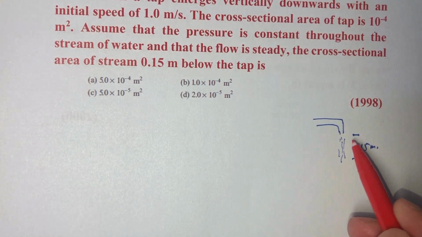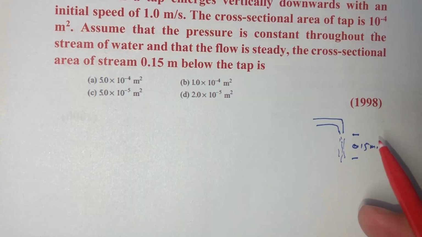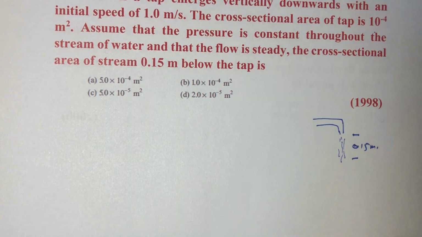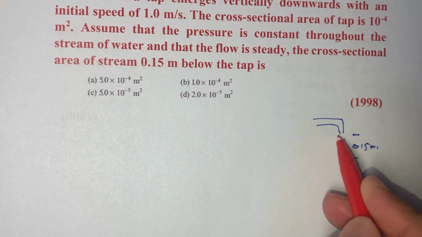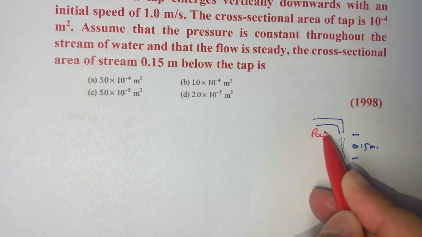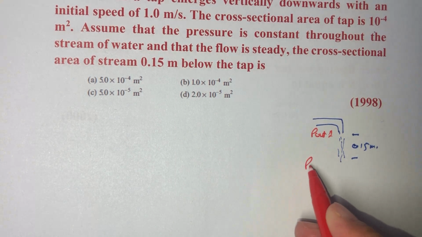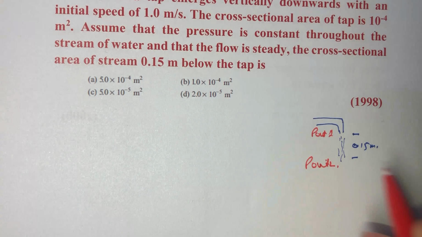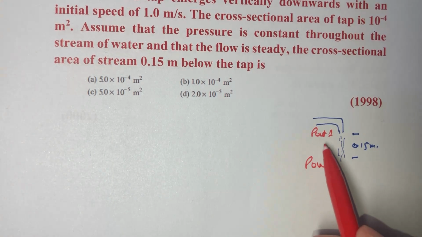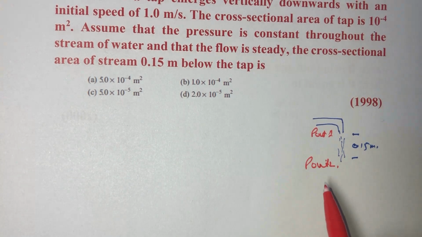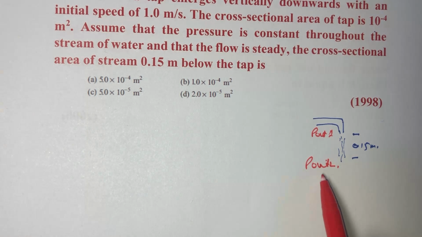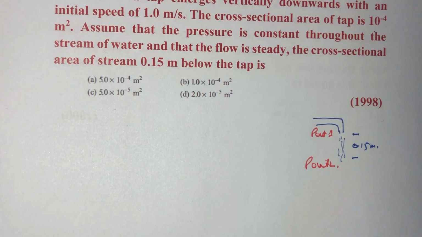So Bernoulli's principle states that Bernoulli's equation rather. So pressure energy plus kinetic energy plus potential energy is constant. So we have, let us suppose we call this as point 1 and this as point 2. So it means the potential energy plus kinetic energy plus pressure energy at point 1 will be equal to potential energy plus kinetic energy plus pressure energy at point 2, and then we are going to solve it in order to find the solution.